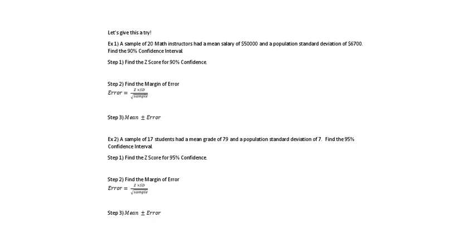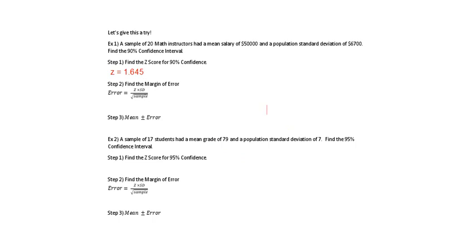Okay, we have a sample of 20 math instructors, had a mean salary of $50,000 and a population standard deviation of 6,700. Find the 90% confidence interval. So the first step we have to do is find the z-score for this. And if you look on your chart, the z-score for 90% is 1.645.